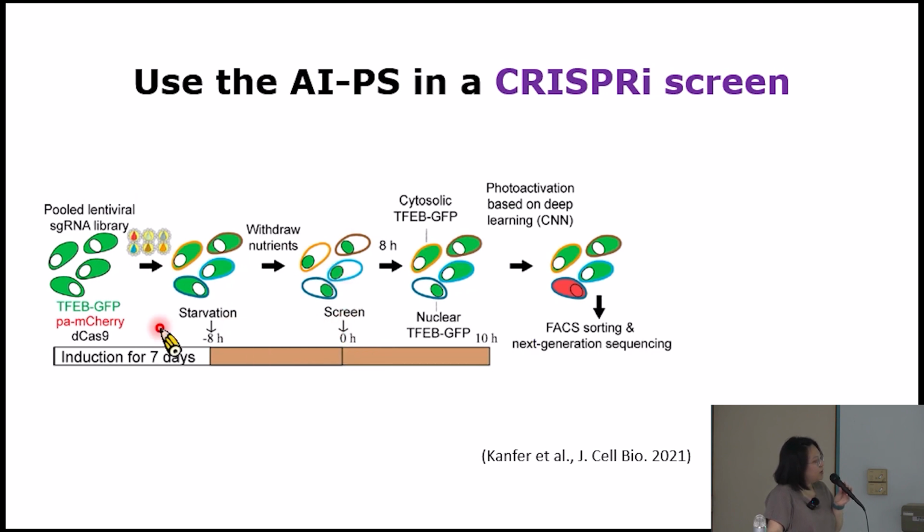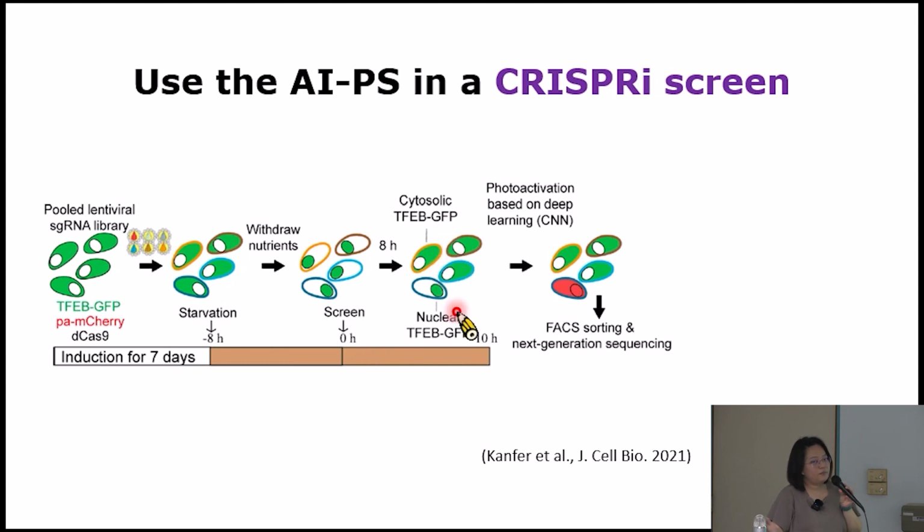So they designed a screen where they transfected the TFAB-GFP cells with a lentiviral sgRNA library, and then they selected for the cells that have a nuclear TFAB after a long starvation, when other cells already have cytosolic TFAB signal.